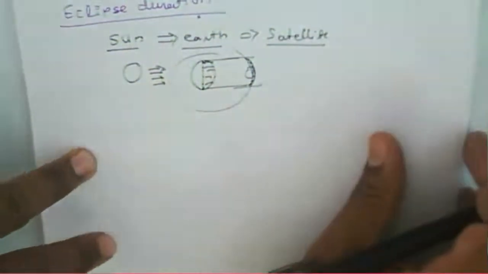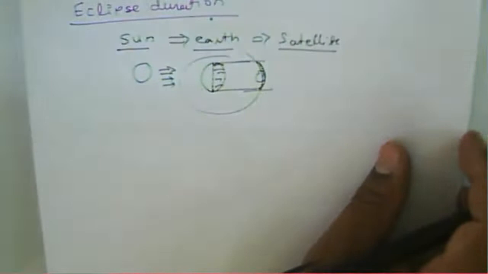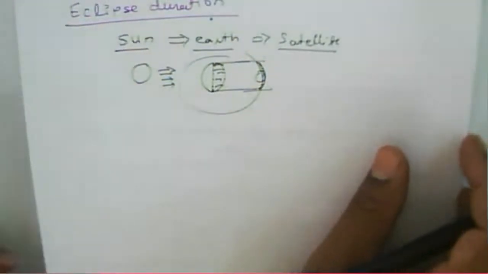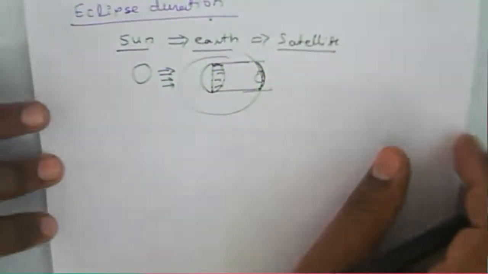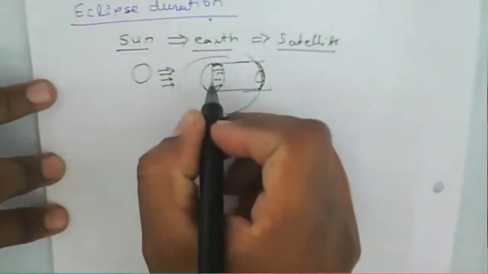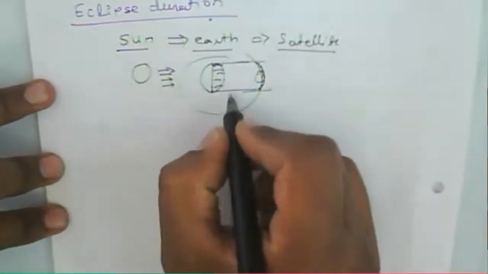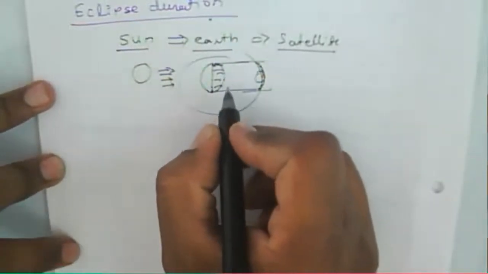For that, we take an example of a geostationary satellite, because the rotation of a geostationary satellite, if you see, is with respect to the Earth. The velocity or period is with respect to the Earth's rotation.